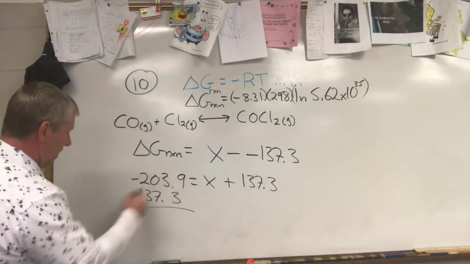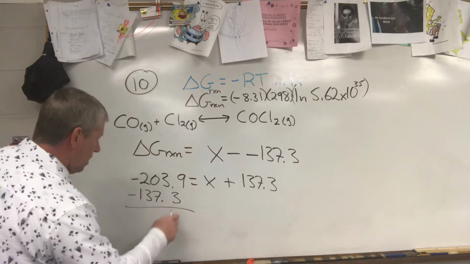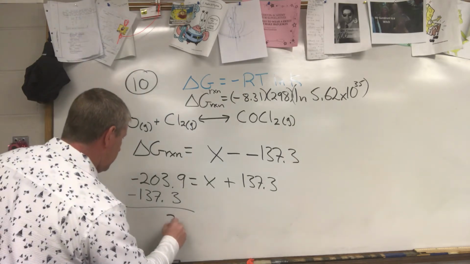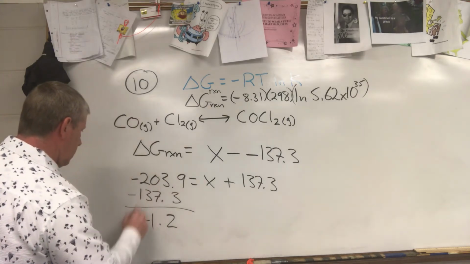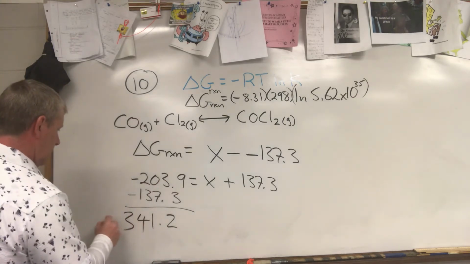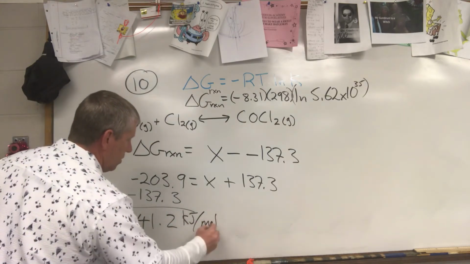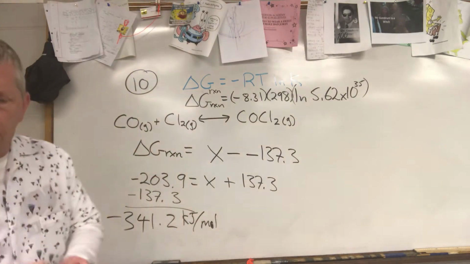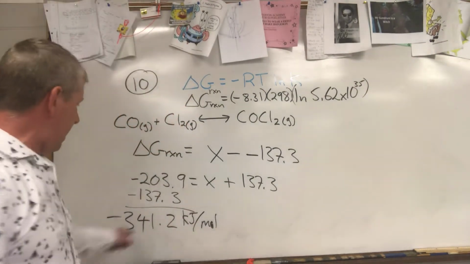So this negative minus that is going to be a negative, let's see, 9, 10, 12, 10, 11, 4, 3, negative kilojoules per mole. So we should get negative 341.2. Bam, nailed it. Negative 341.2.